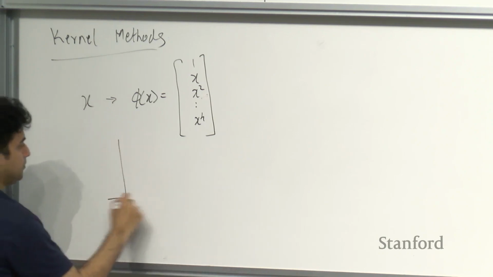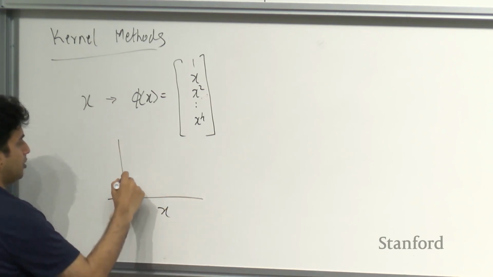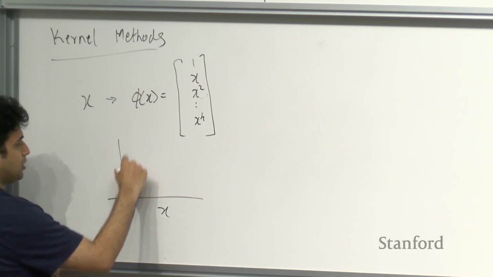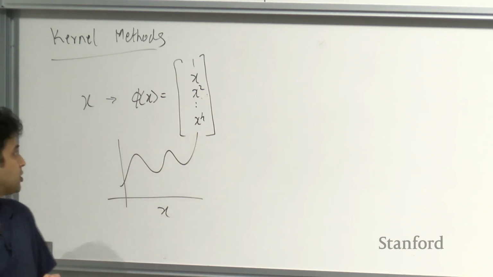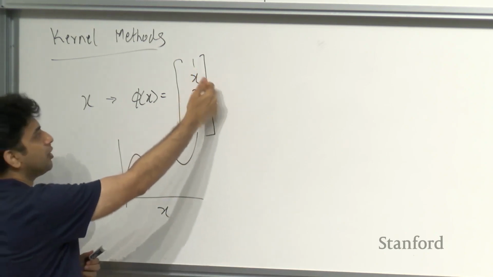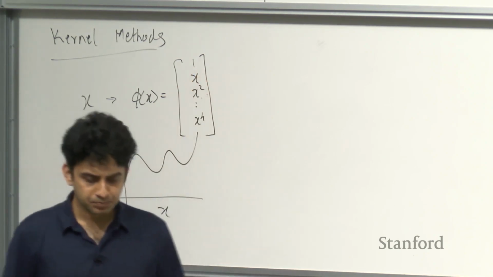This is x. The linear regression will give you a hypothesis that might look like this. And this is because we've included higher order polynomial terms.